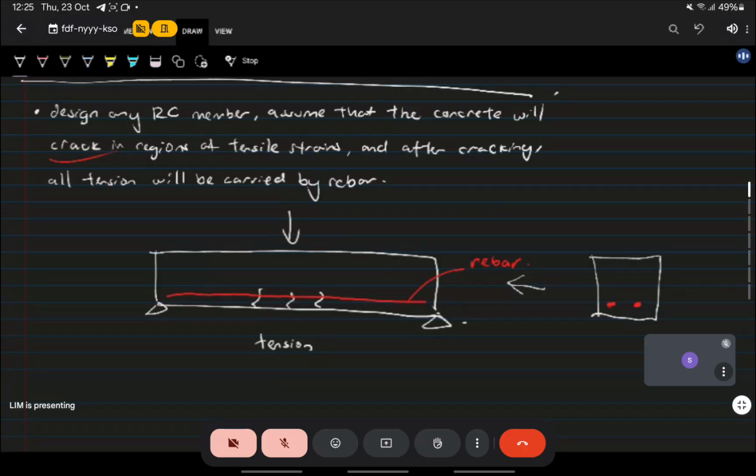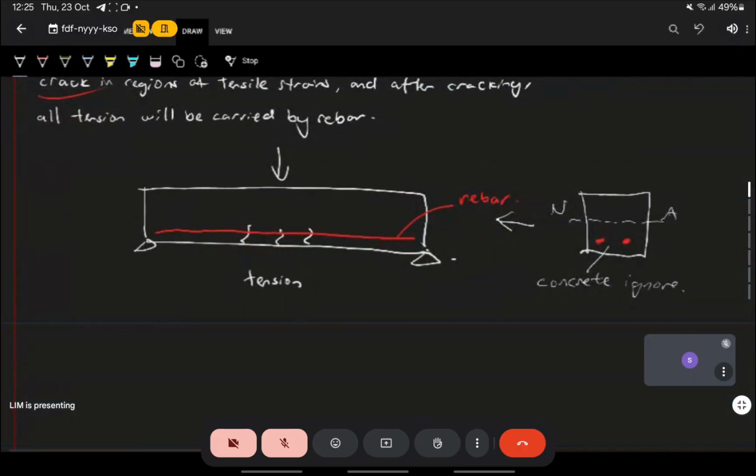Basically, anything below the neutral axis, any concrete, we ignore the concrete here. In design, we ignore the concrete there. We use the reinforcement to take all the tensile forces in the tensile zone.